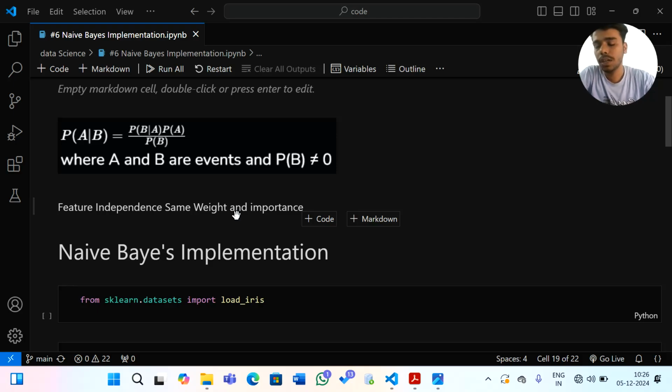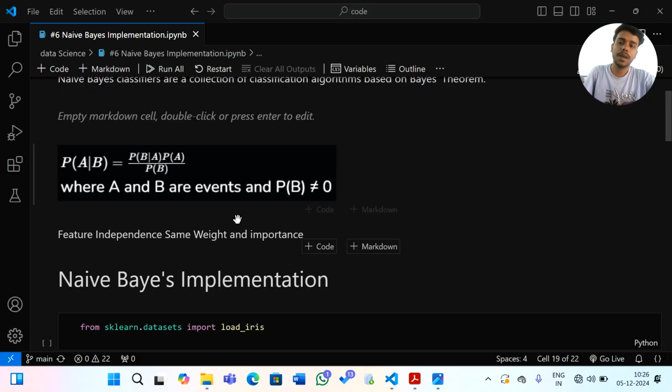Now you may think, how does it calculate and predict the outputs? Suppose we have the output classes yes and no. It will calculate for yes for all the features, like hot weather and humidity, so it will calculate for all hot features and for all humidity features.